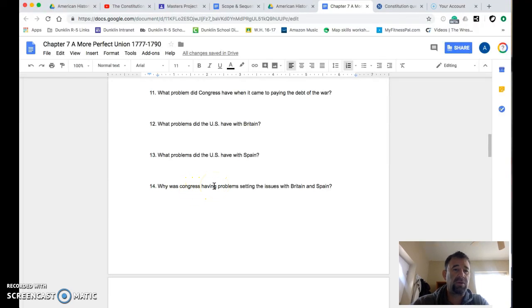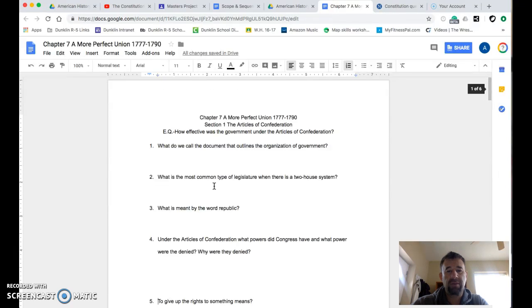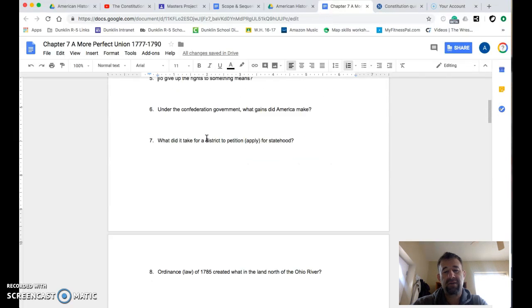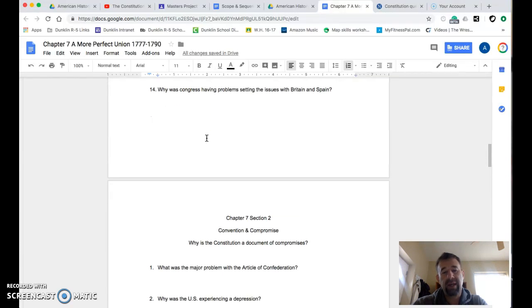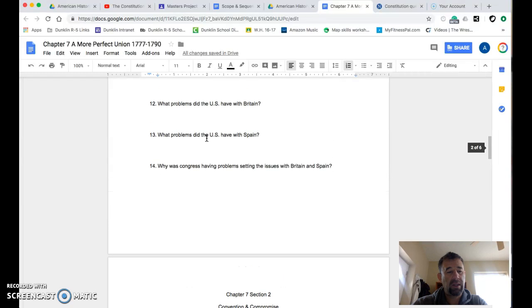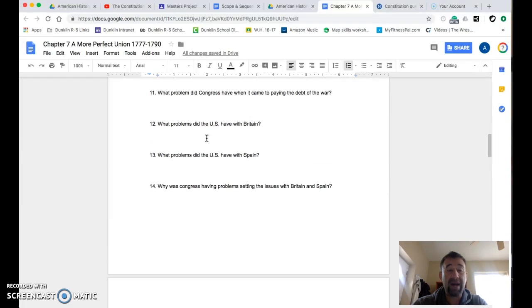And throughout this whole discussion we've had today, we've come up with that the Articles of Confederation just weren't that powerful, right? It goes back up here to our essential question: how effective was government under the Articles of Confederation? What do we say, class? Yes, that's correct. It was not powerful. So they needed to come up with a different way. It didn't have enough power.